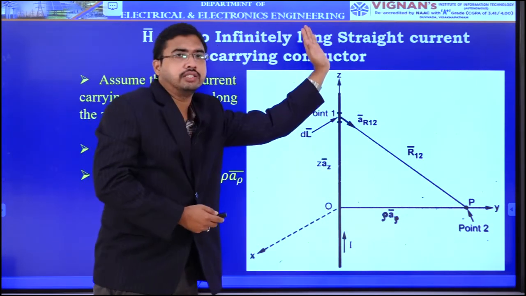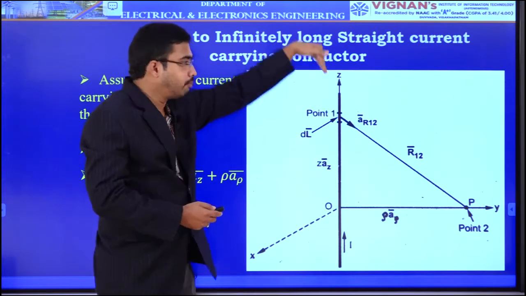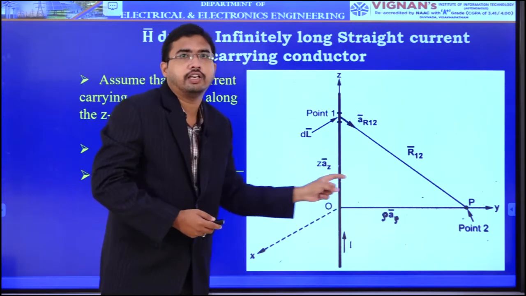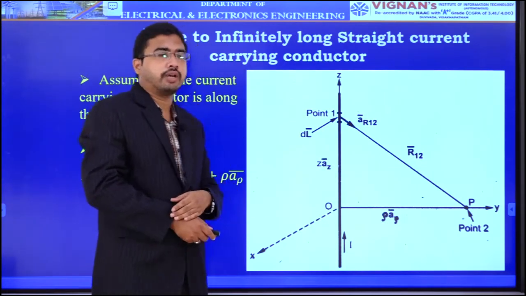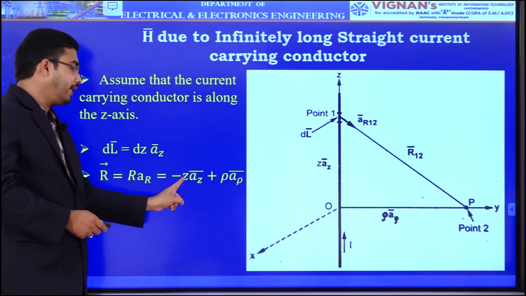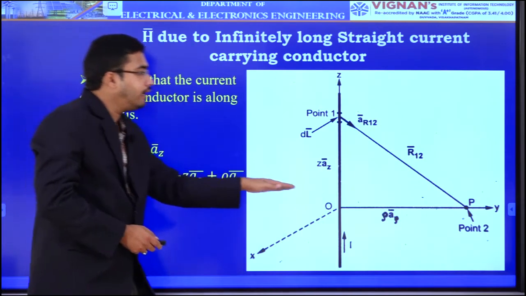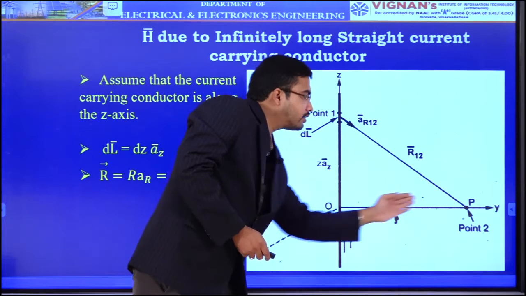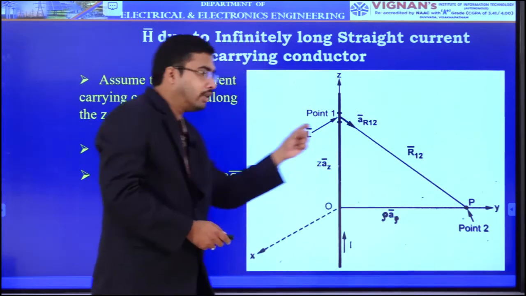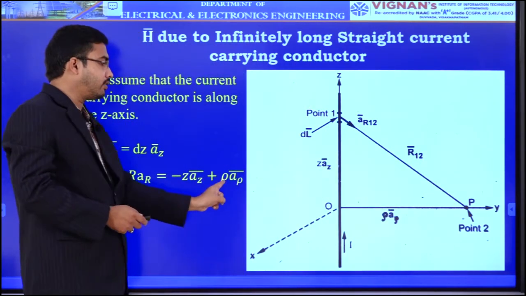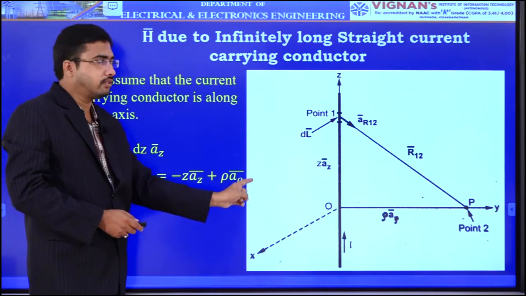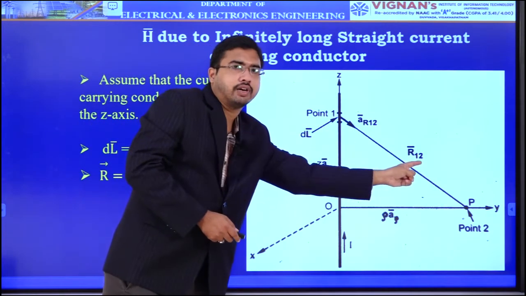In this direction the vector is plus az, but if you go downwards the vector will be minus az. So, I am writing minus z into az, and this direction is the same, we are considering a rho in this direction only. So, minus z into az plus rho into a rho. This is the distance vector R12.